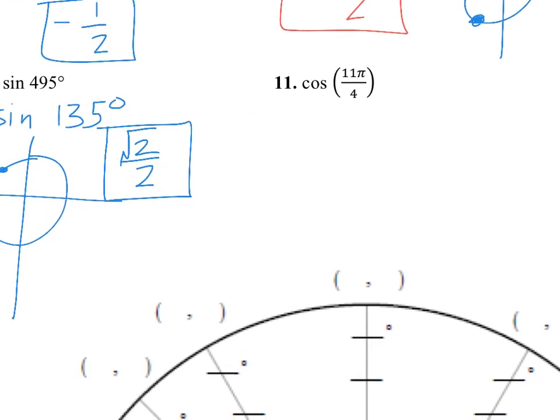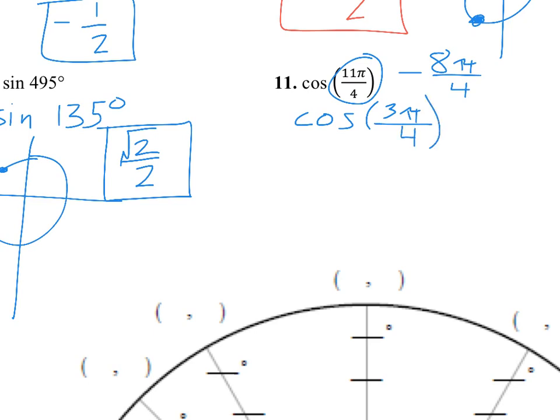Alright, this is bigger than 2 pi, which means it's bigger than 360. So subtracting 360 is the same as subtracting 2 pi. So I'm going to take this number and subtract 8 pi over 4. So if we do that, we get 3 pi over 4.